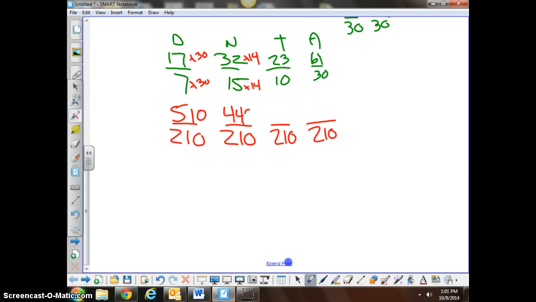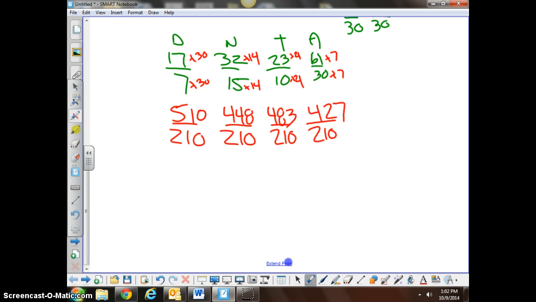Yep. Okay, and 10 goes into 210 21 times, so what is 23 times 21? 10 times 21 is 210, what's 23 times 21, Nafisa? 483. 30 goes into 210 7 times. I know 61 times 7 would be 427, right? Yep. Done.